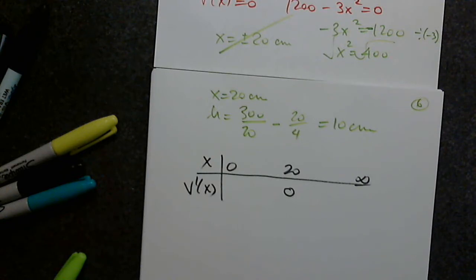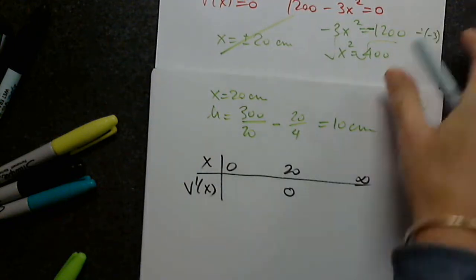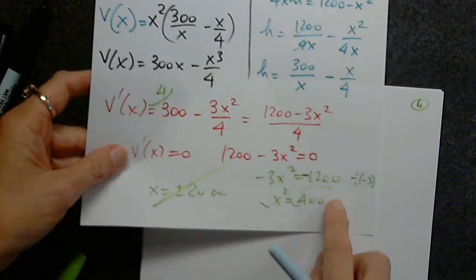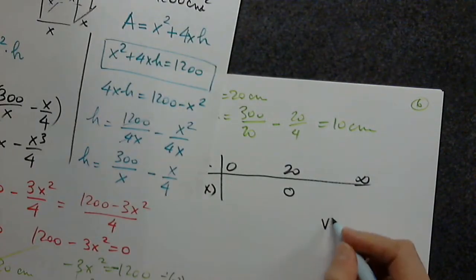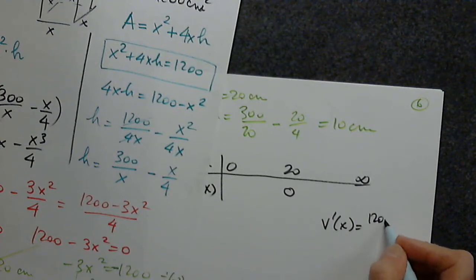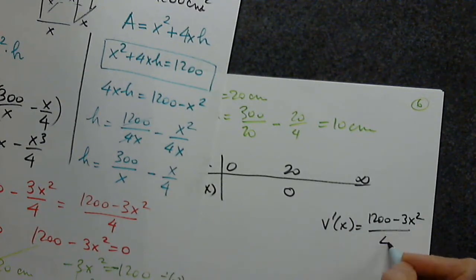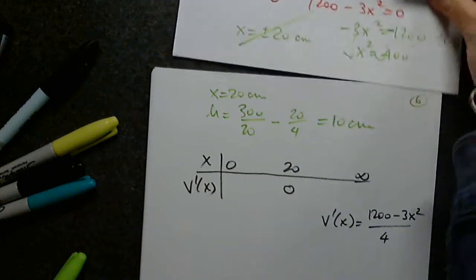And now I have to study the sign left and right. So here's the derivative. I'm going to copy it here. So v prime equals 1200 minus 3x squared divided by 4. I'm ready to study the sign.